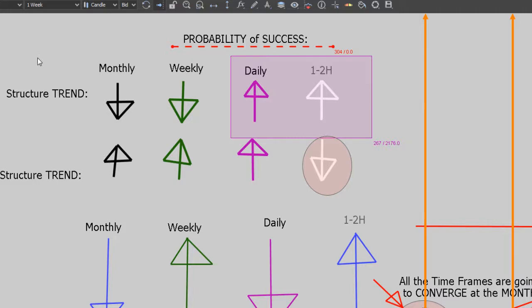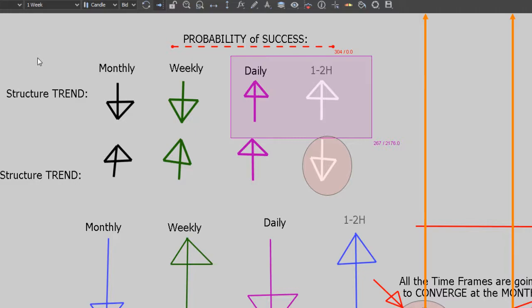Should you short the market if you have the structure trend up on the monthly, the structure trend up on the weekly, the structure trend up on the daily, and everybody is telling you, let's go short? What are you going to do, everybody? Are you going to listen to your education, or are you going to listen to your peers just to be friends? Ha ha ha. Let's lose together, right?